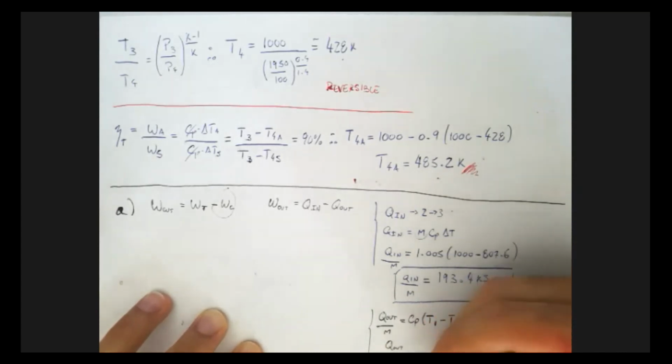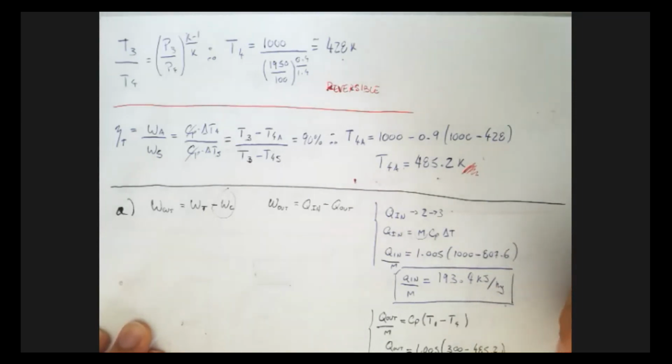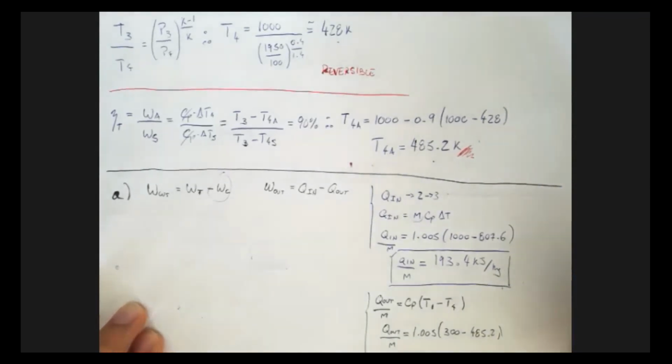Q out over m equals 0.05, T1 is 300, T4 is the actual one, 485.2. So this guy is 186.1.